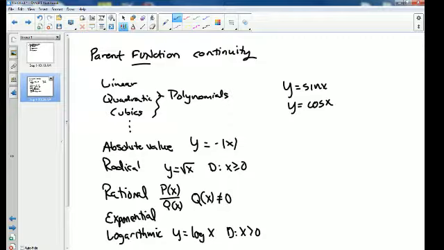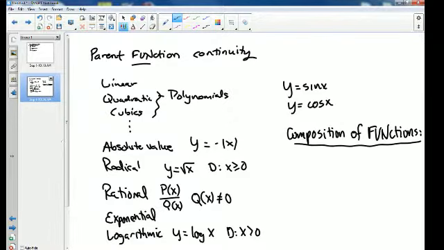So we write our list down. Any way that you combine these, it's still a continuous function, right? Any way you compose these. Remember composition of functions? How do we combine or compose functions?